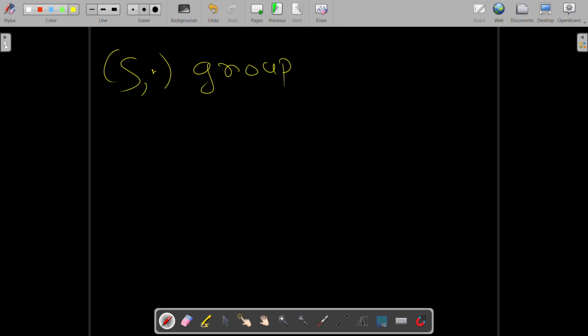Now there is a special kind of group which is denoted by GL2R.